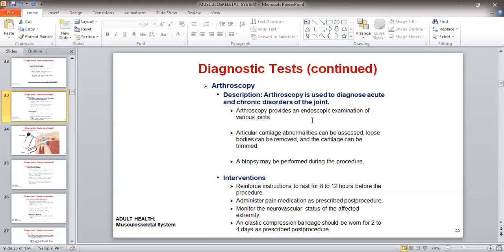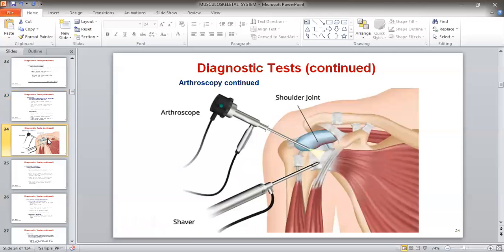So monitor the neurovascular status, and also the elastic compression bandage should be on for 2 to 4 days. So compression can help to reduce the inflammation. This is one of the pictures showing the arthroscopic examination.